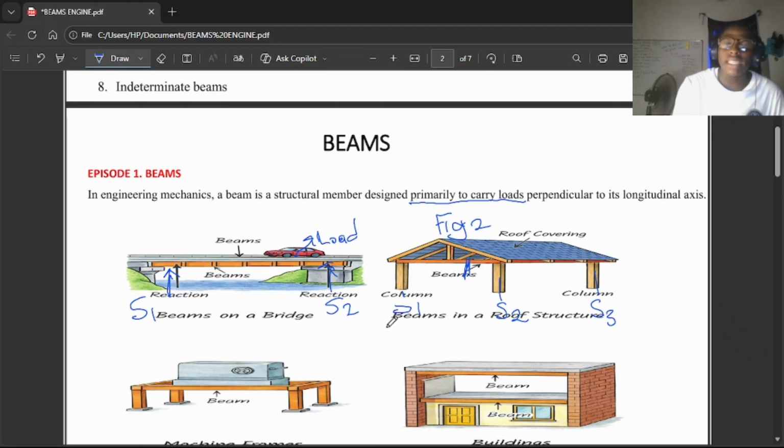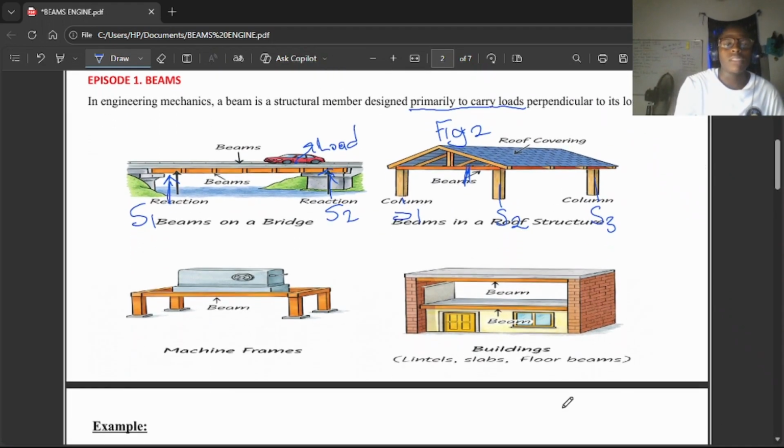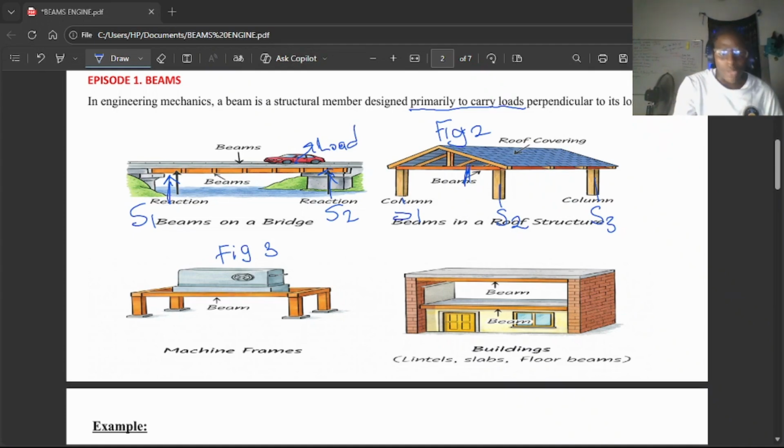Now let's take another example. What are we seeing here? Let's call this fig 3. For our fig 3, we are basically seeing machine frames. For your machine frame, the first thing you are seeing is your beam already.